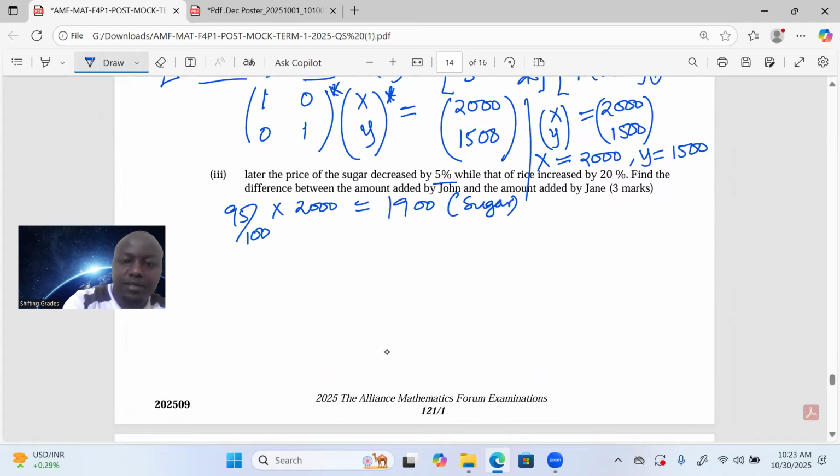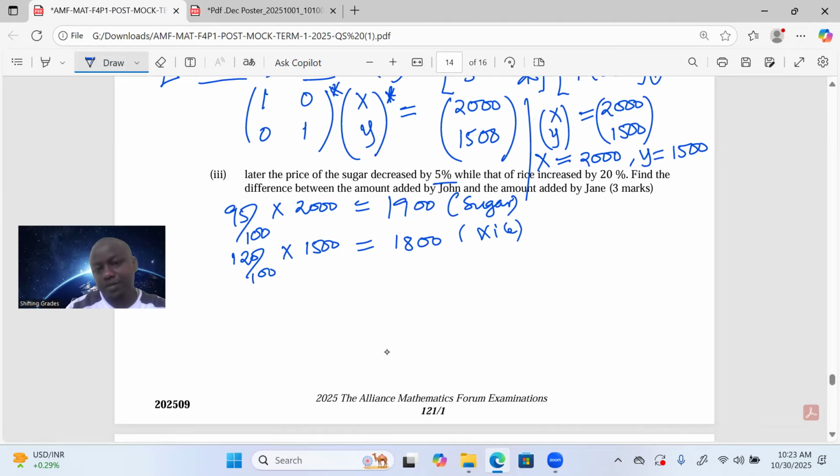Then for rice, it increased by 20, so 120% of the original. This became 1800. That's now for rice.